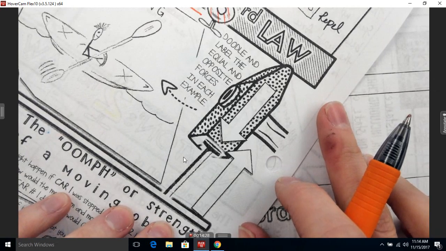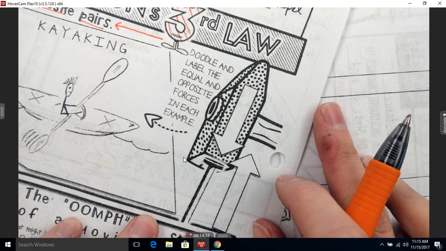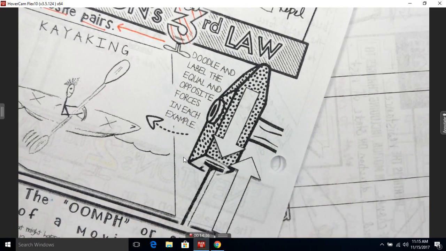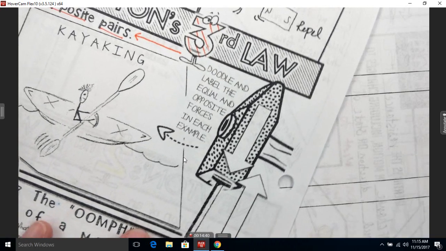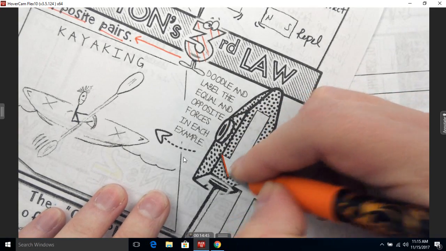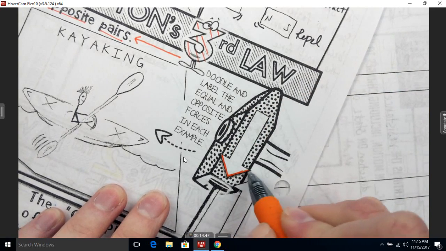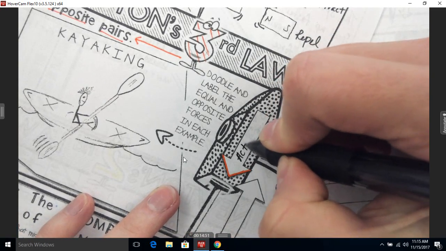That's a hammer and a nail. Okay, the hammer pushes the nail down. So we're going to say this is the action.